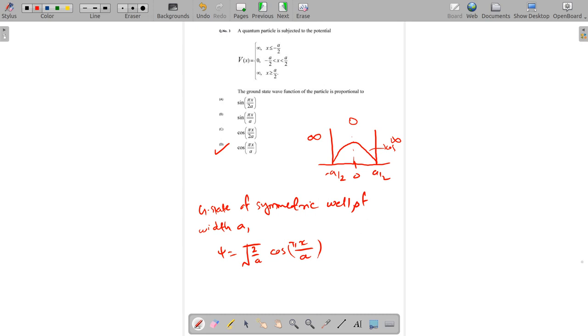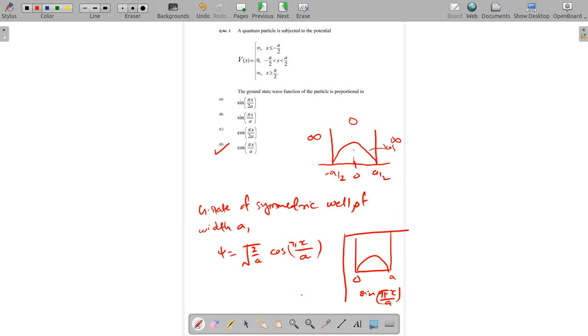This is something you should remember: if it is an asymmetric well, starting from 0 and going up to a, then it's a sine, sine n pi x by a. Its ground state will be sine pi x by a. So that's the difference between these two.